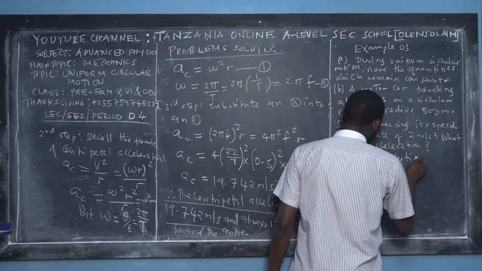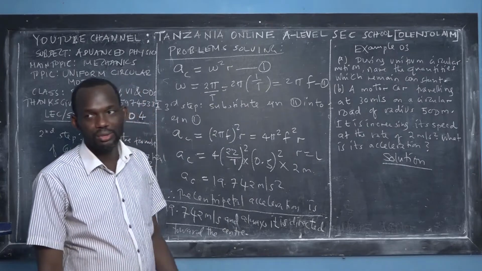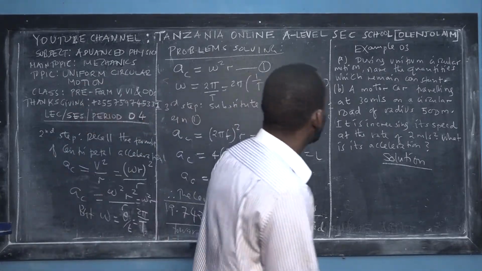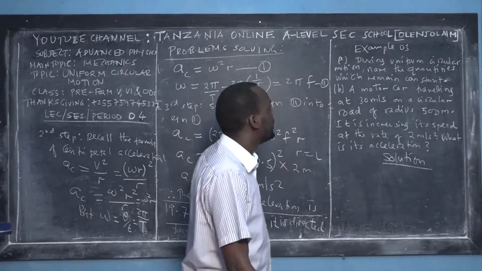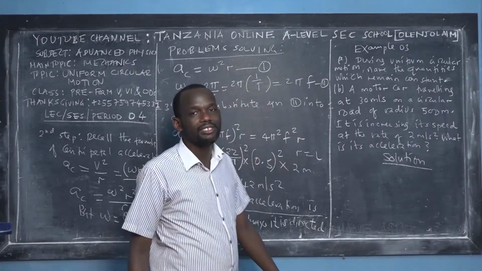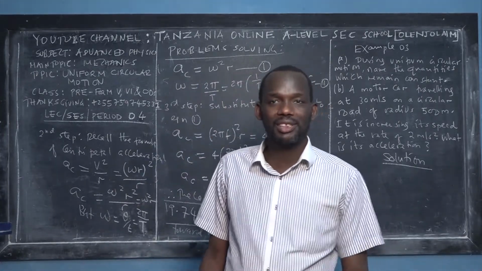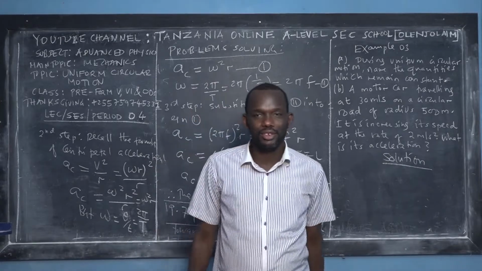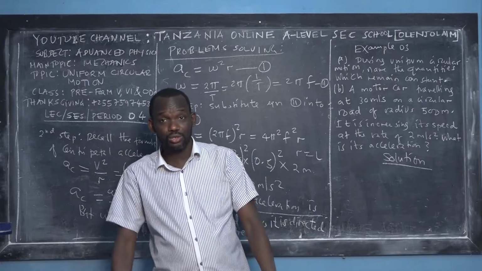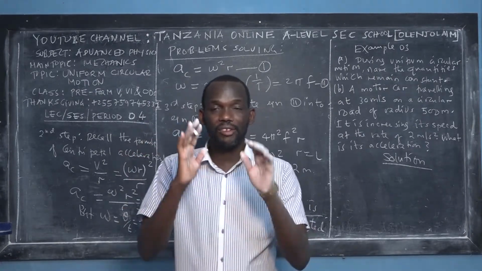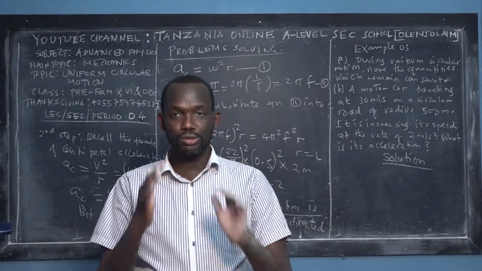Physics is beautiful, and advanced physics is the best friend of a student. Okay, the question said that during uniform circular motion, not non-uniform, name the quantities which remain constant. Pause the video and think and name yourself, because sometimes you can get kind of lazy. You are just waiting for me to write there and then you call out. That's not a good way of learning. A good way of learning is that you should involve your understanding and your intelligence in what you are learning.